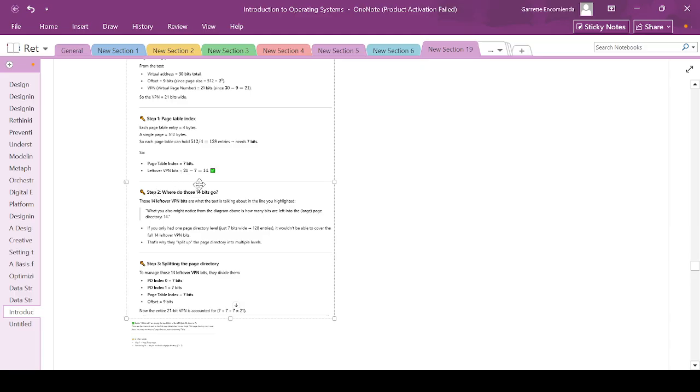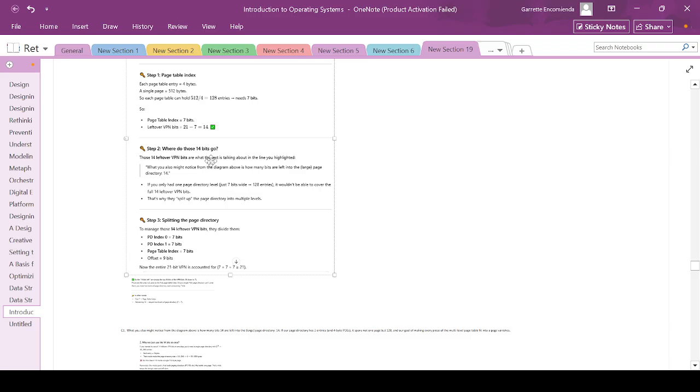The leftover VPN bits equal 21 minus 7, which equals 14. Now we only have 14 bits left in the address space, since we need 7 bits for the page table index.